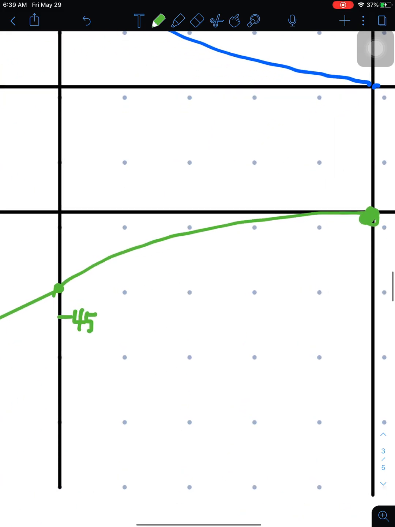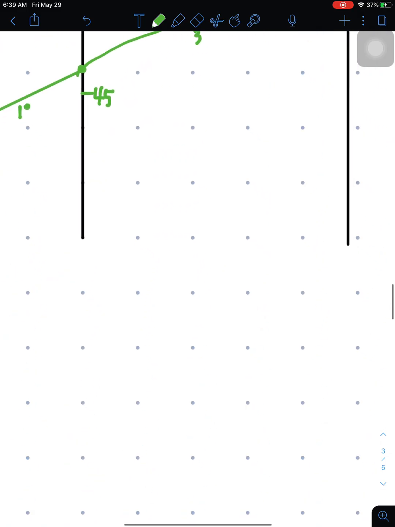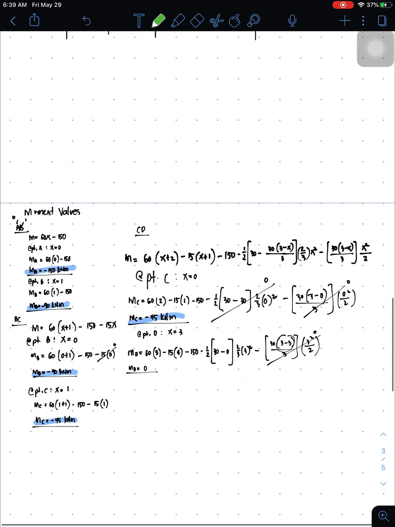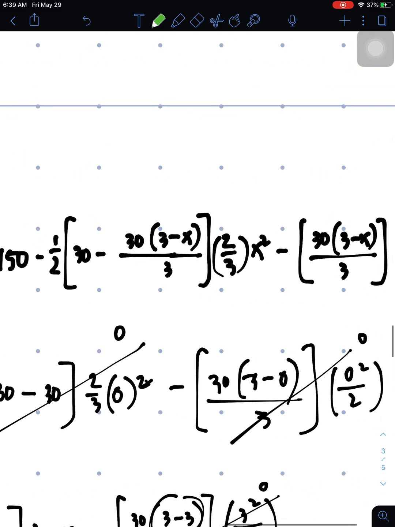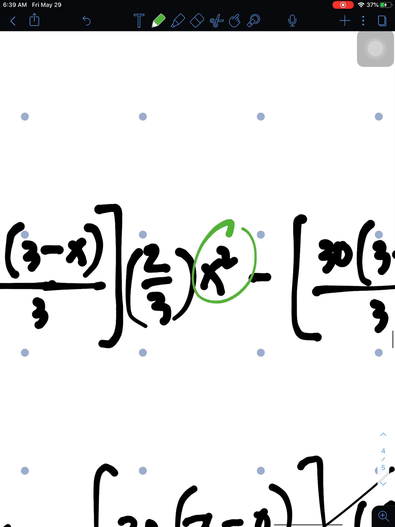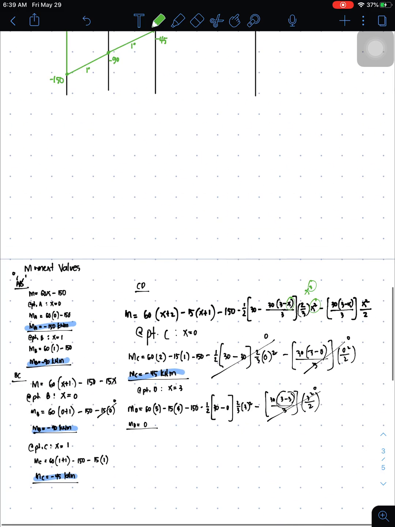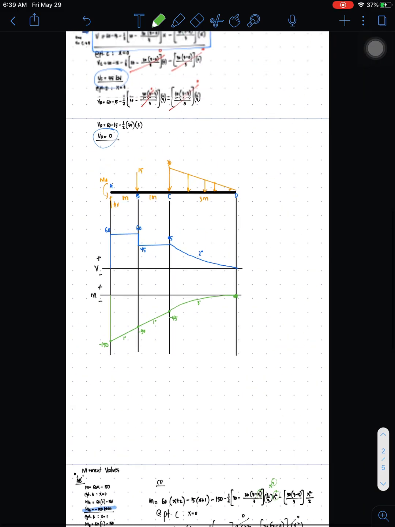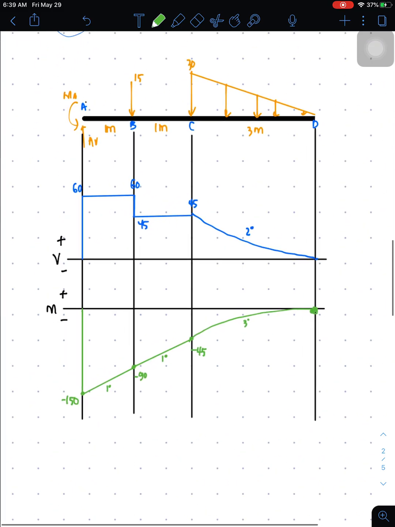This is how we draw positive decreasing. And this is not second degree, but third degree. According sa atong pag-multiply kanina. Here, ang pinakadako nga power, it's x squared times x. So it's x cubed. So power third degree. So that's it. This is our shear and moment diagram, for example number 3.